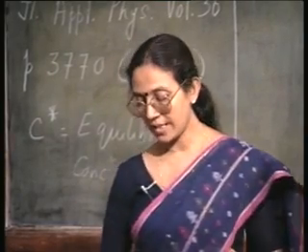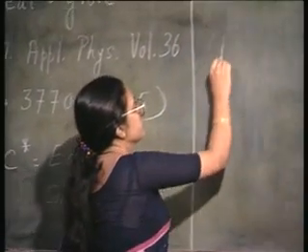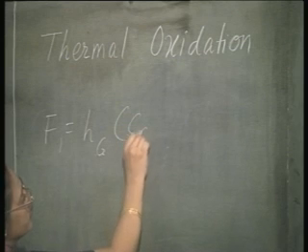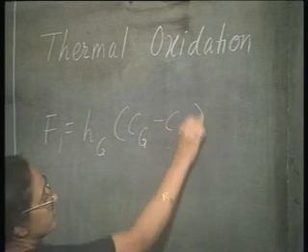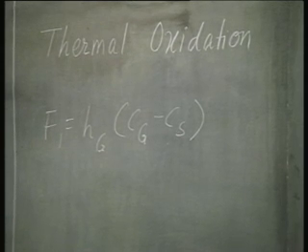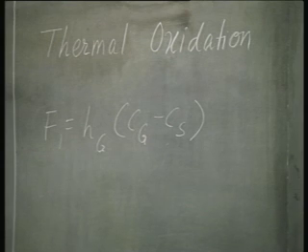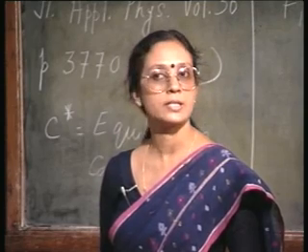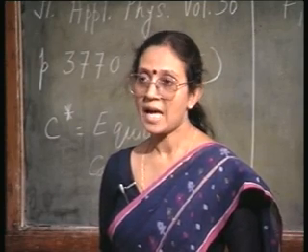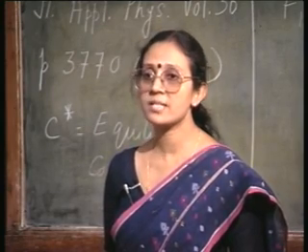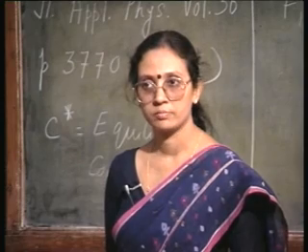And this is therefore proportional to Cg minus Cs, Cg being the concentration of the oxidizing species in the gas, Cs being the concentration of oxidizing species right next to the oxide gas surface, right. And Hg is called the proportionality constant, that is the gas phase mass transfer coefficient.